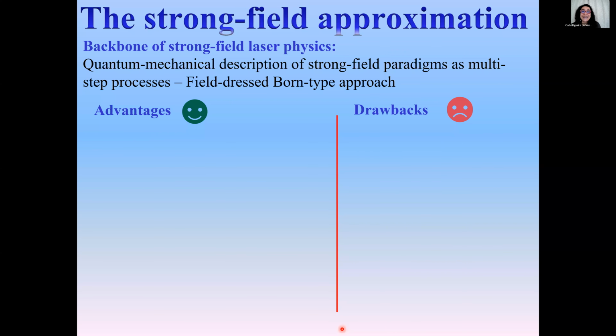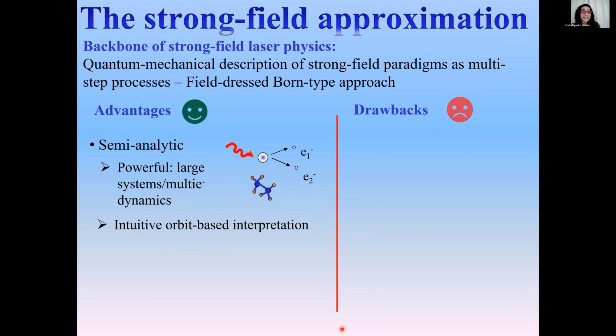Well, it's good, but it does have some drawbacks, and we are going to have a look at them. The advantage is that this is powerful, super powerful, and semi-analytical. By super powerful, I mean that in principle you could use this for large systems without having to fear the exponential wall. And it's powerful because it's semi-analytic: you can push things analytically, using Hamiltonians that you can solve analytically to a big extent.